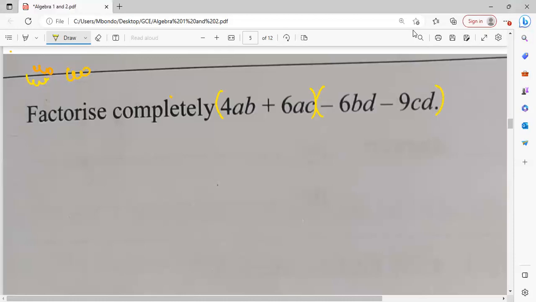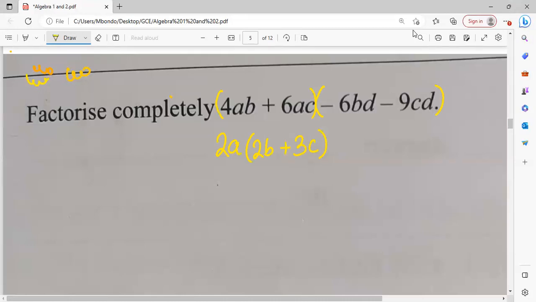So you look at these two here. What is common? The first two, you are going to notice that 2a is common. So if 2a is common, what are we going to remain with here? Here we'll remain with 2b plus 3c.